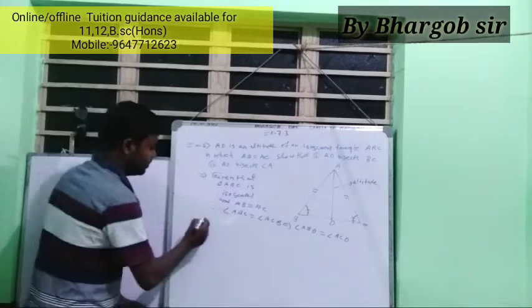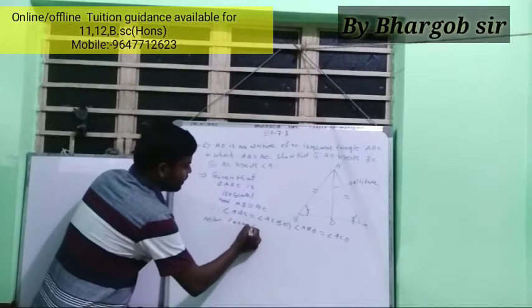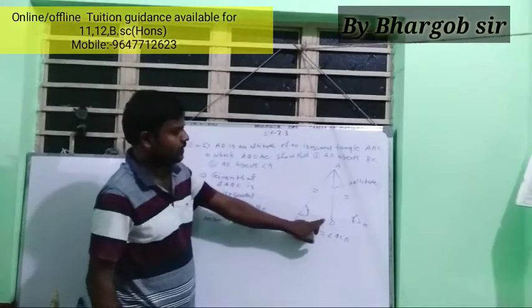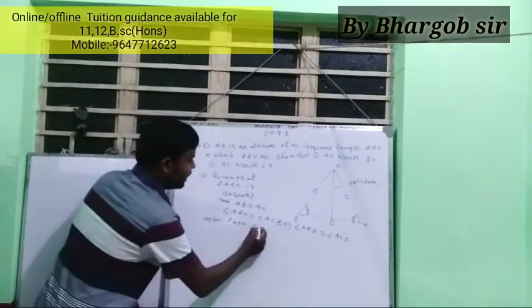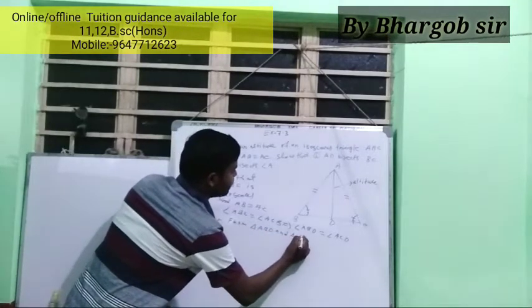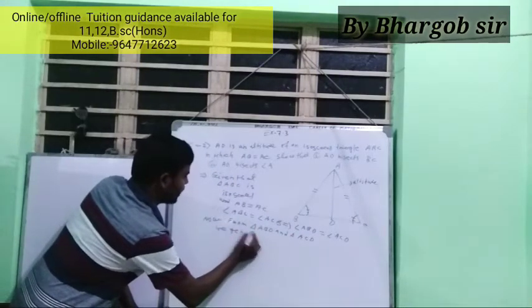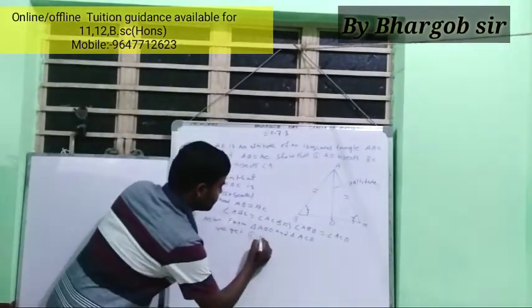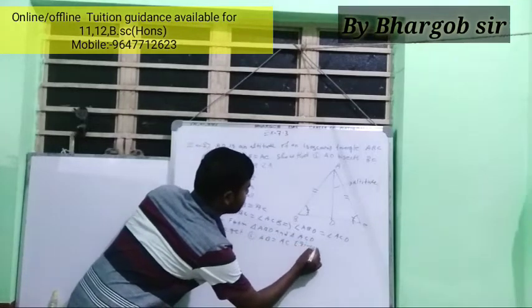Now from triangle ABD and triangle ACD, number one, AB equal to AC, given.